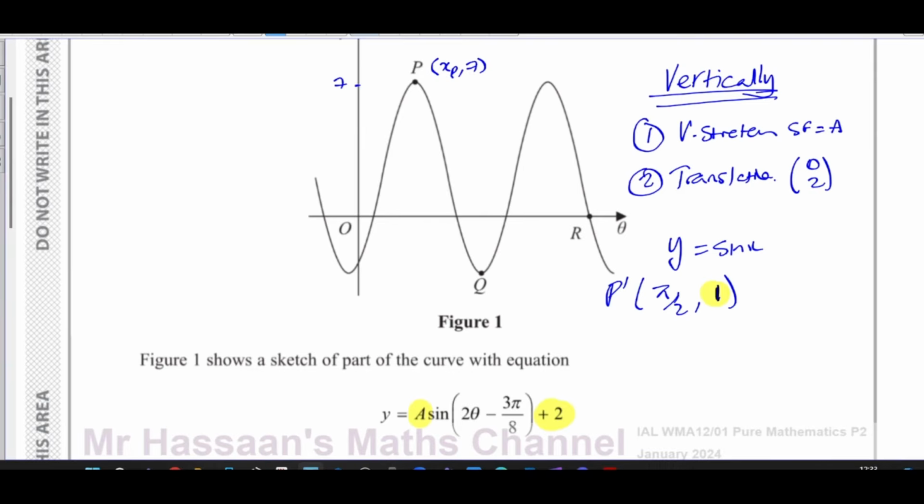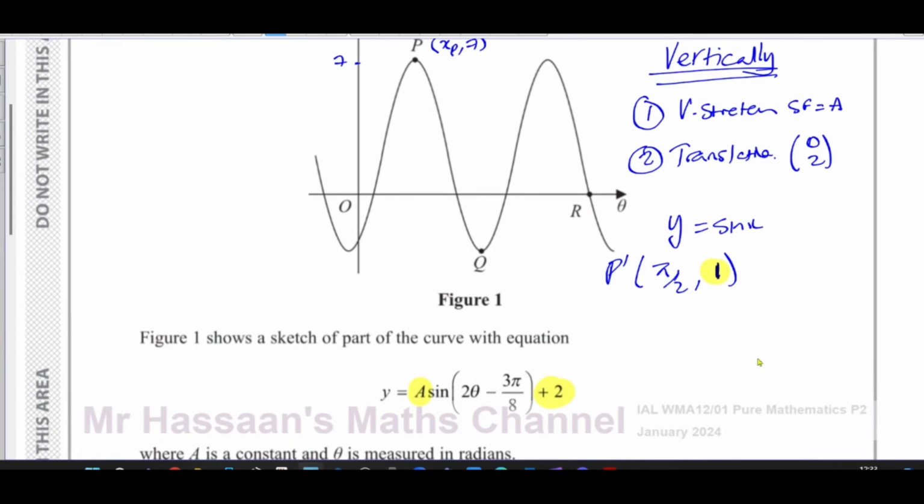So after the transformation, 1 has been multiplied by the stretch factor a, and then 2 has been added to it, and it ended up at 7, the y coordinate. So the y coordinate was multiplied by a first, and then 2 was added to it, and you ended up with 7. So a is going to be 7 minus 2, so a is equal to 5.